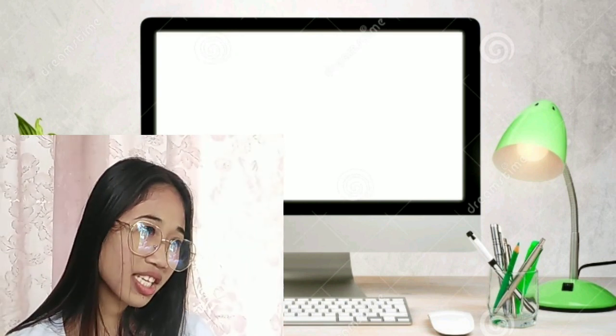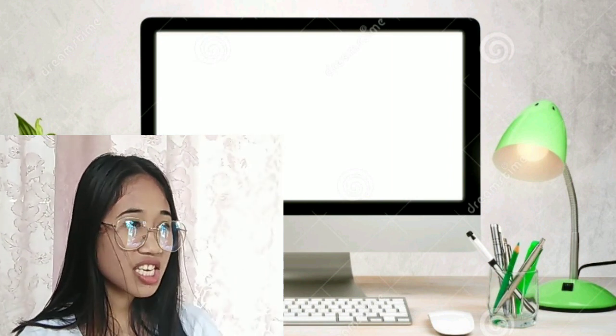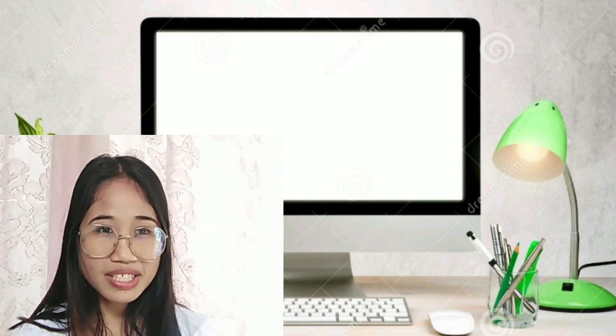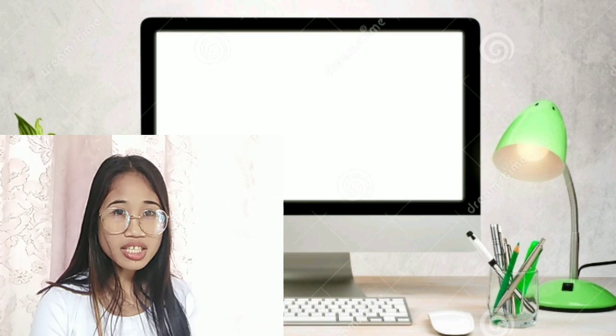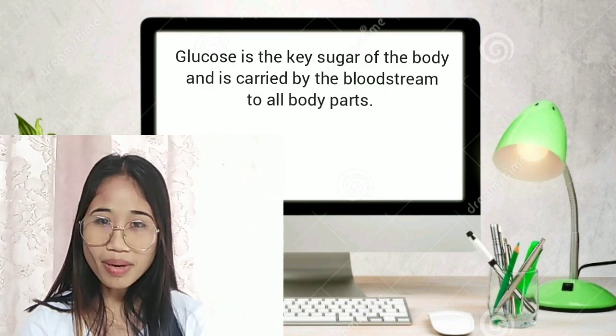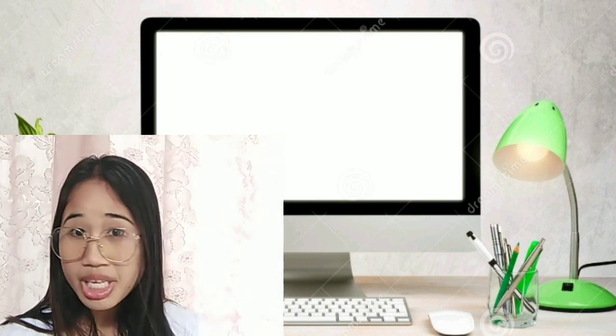That is why, if we notice in the hospital, each patient should have dextrose, because sugar is the fuel of the body and is carried by the bloodstream to all body parts.